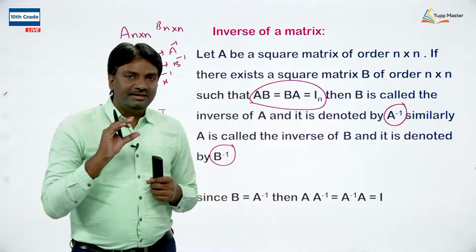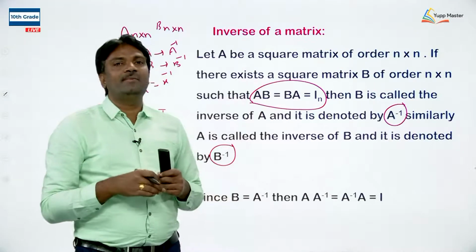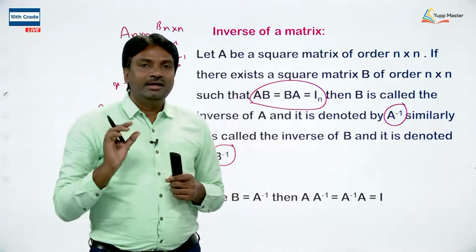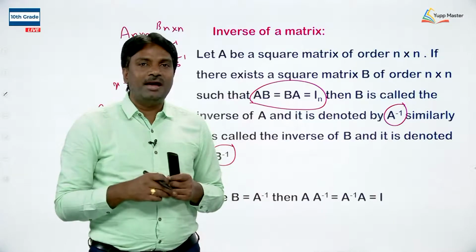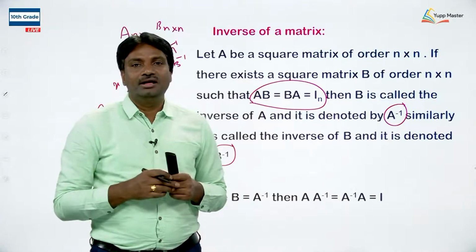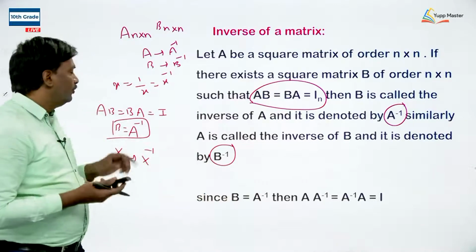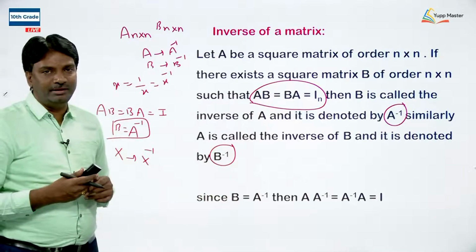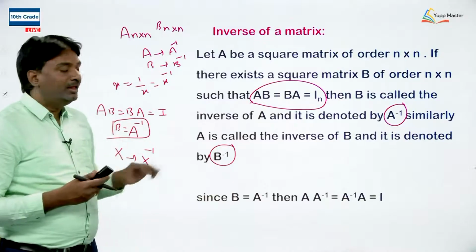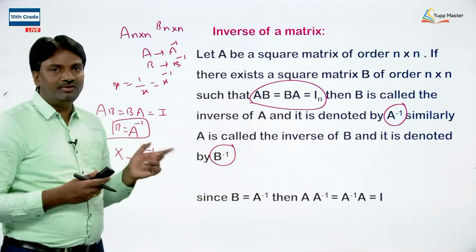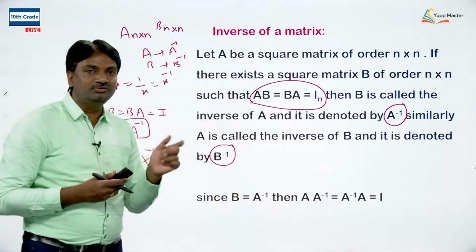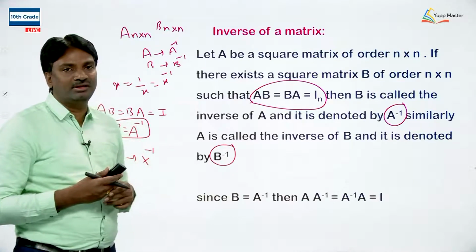So, if A is a square matrix of order n by n, and there exists another square matrix B of order n by n such that AB equal to BA equal to I, we have to multiply the matrices A and B or B and A, and we must get I only. So, 1 0 0 1 or 1 0 0, 0 1 0, 0 0 1 like that.